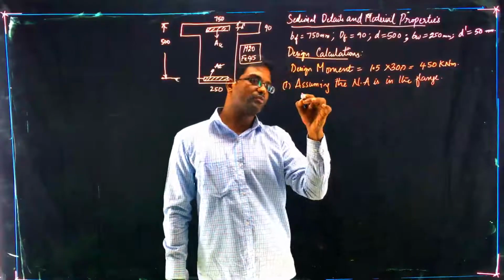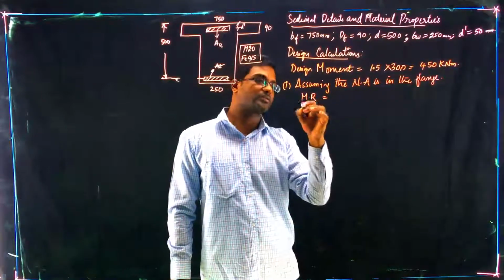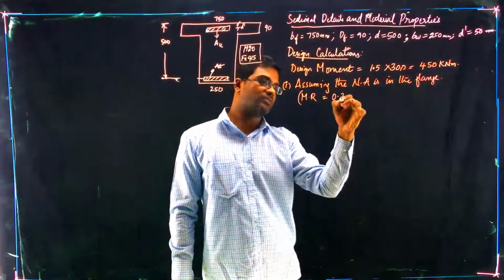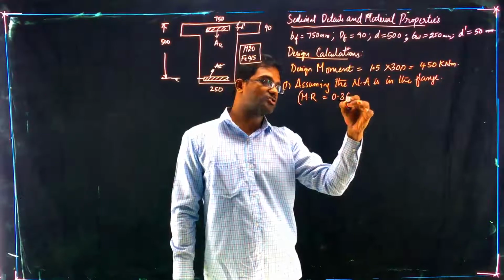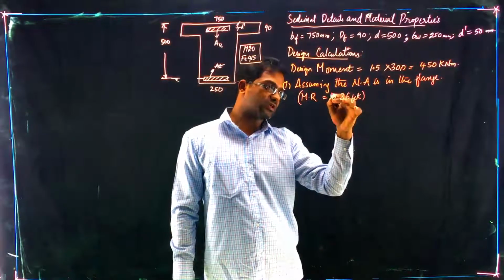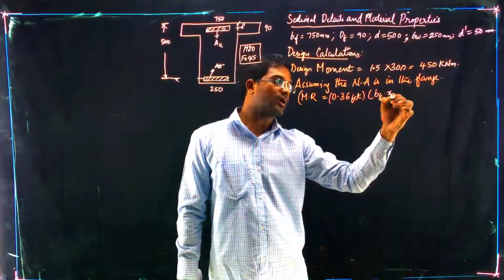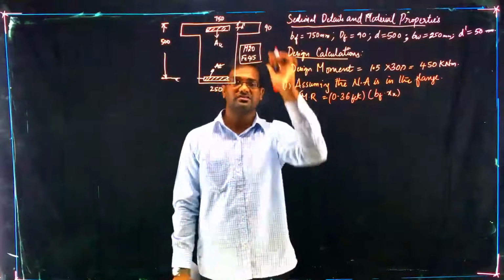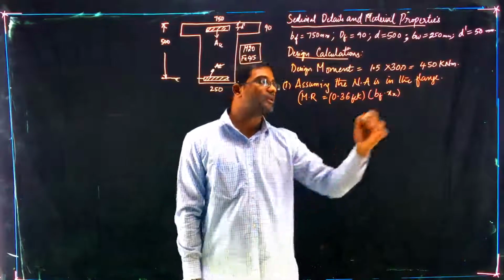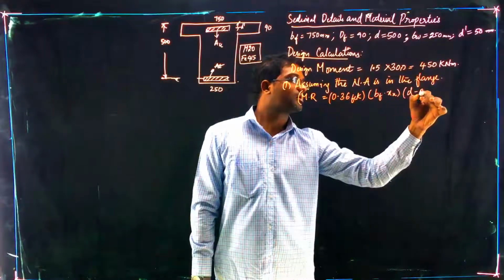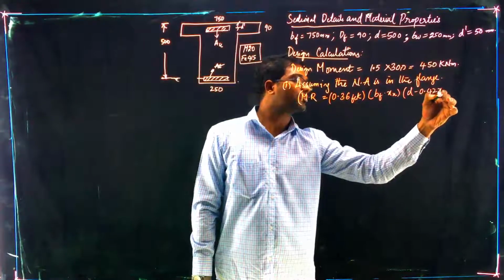We know that the moment of resistance for a rectangular section is 0.36 FCK, this is the stress, into BF into XU, and because it is a flange, we multiply by the lever arm, that is 0.42 into XU.